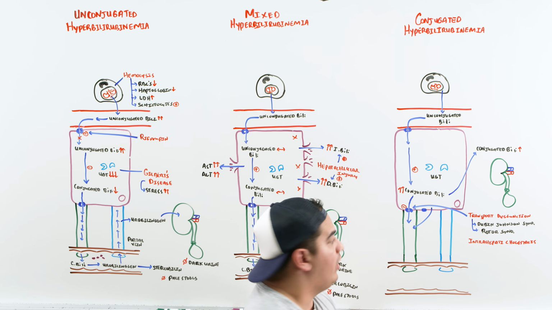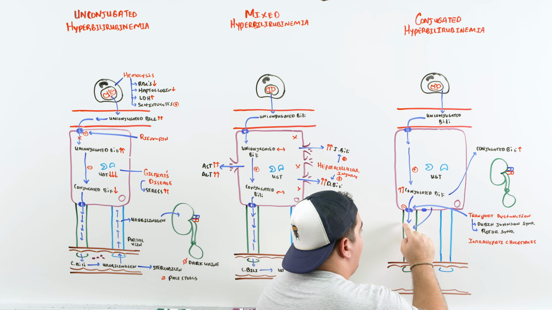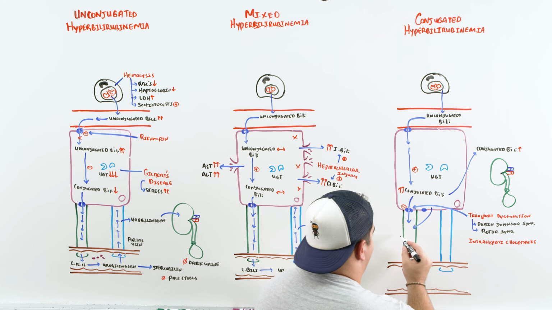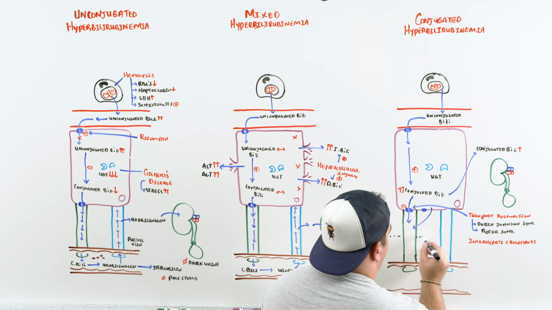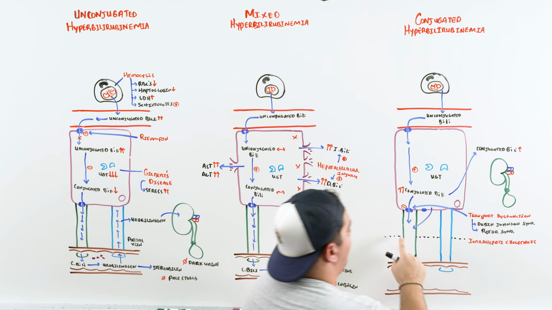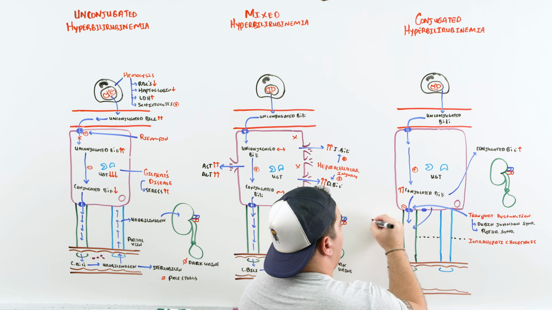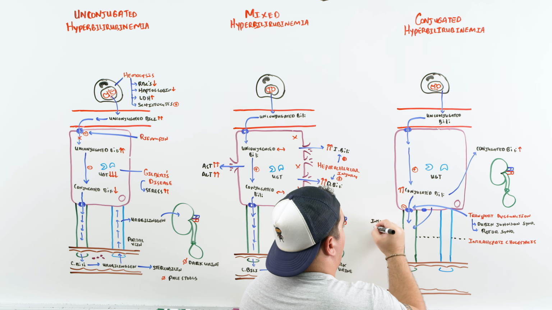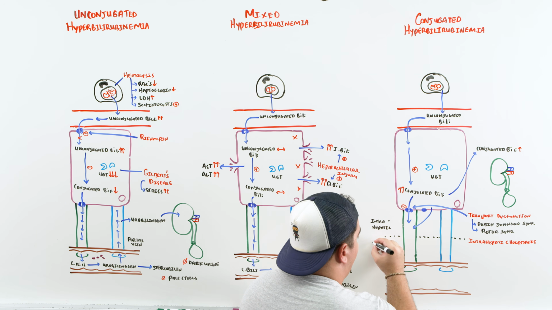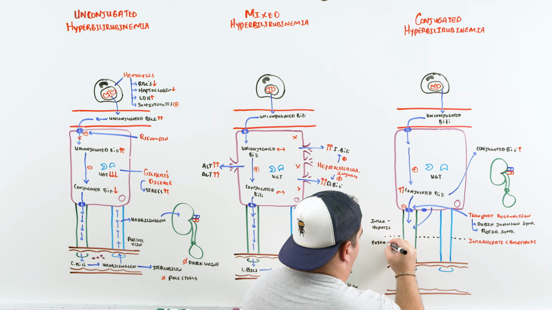Here's a bile duct, and I'll use a dotted line. Everything above this dotted line is intrahepatic. Everything below this dotted line is extrahepatic.